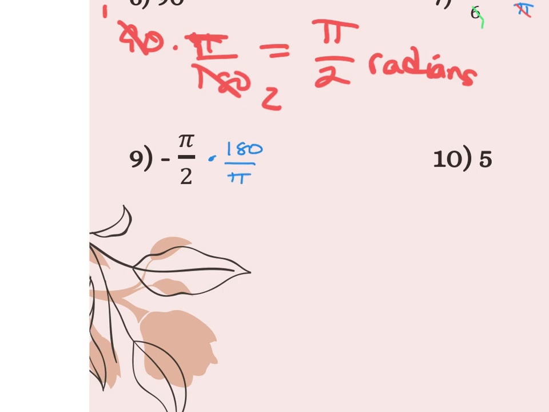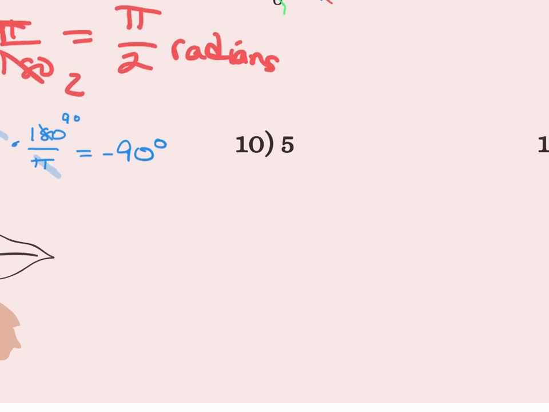Again, my pi's will cancel, and I can divide 2 and 180, and this gives me negative 90 degrees, because this simplifies and becomes a 90. Now, again, if there's no degree symbol, you're assuming that these are radians. Remember, 5 radians is located down here in the 4th quadrant.